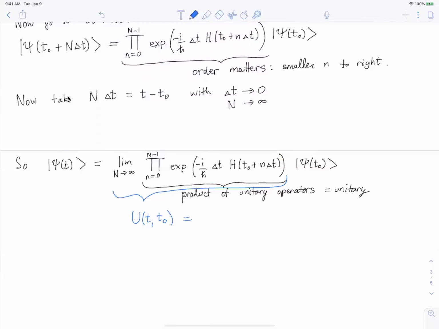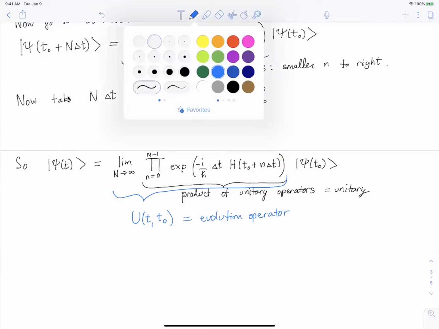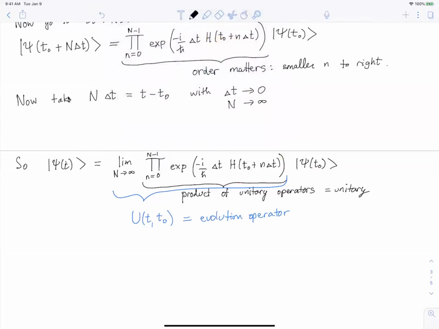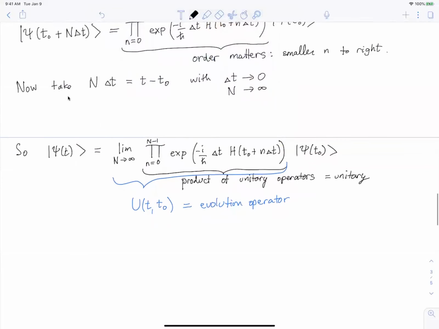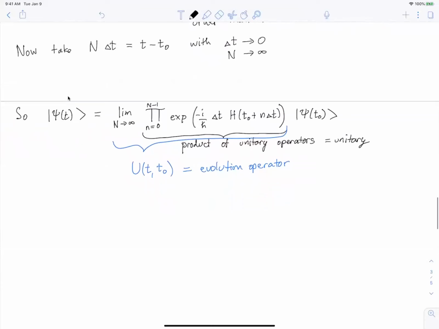And this is sometimes known as the evolution operator, the unitary evolution operator. Some books call it the propagator. I can never call it the propagator because I work in high energy physics where we use the word propagator for something else. But in any case, it's a unitary operator that depends on the starting time and the ending time. So there's another way of writing this unitary operator.